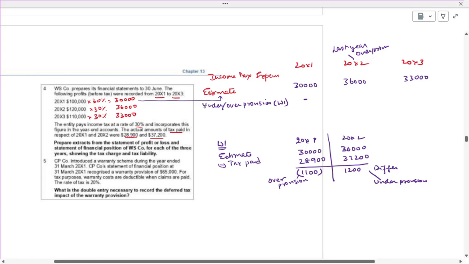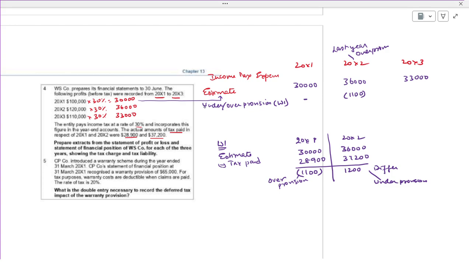We have paid 28,900. There is an over provision of 1,100, which will be taken in the year 2002, because we have made an over provision last year.